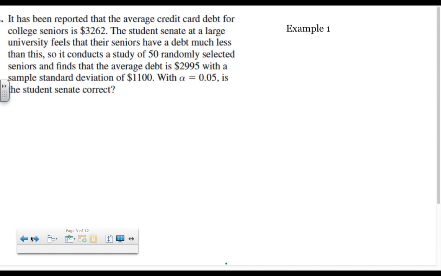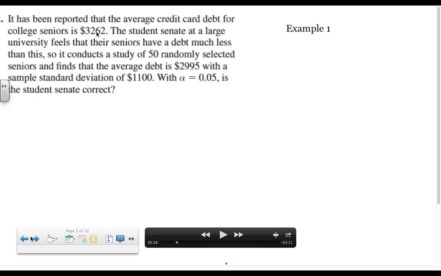With alpha equals 0.05, is the student senate correct? So this number is less than that number, but is it statistically significant? Is there really enough difference between the two to say that their data is less?